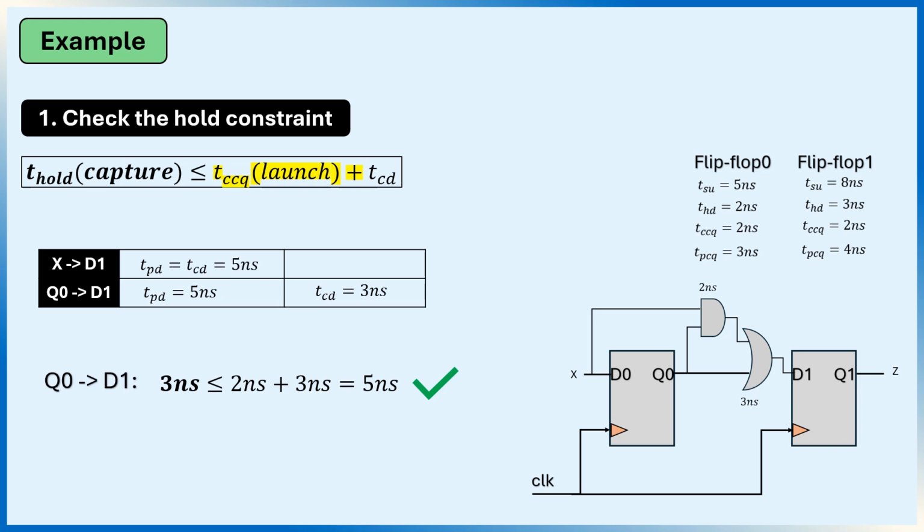That gives us an earliest arrival time of 5 nanoseconds. Since 5 nanoseconds is greater than the required hold time of 3 nanoseconds, the hold constraint passes. Notice that the hold analysis will always use the clock-to-Q contamination delay because we are checking the earliest possible arrival of the data.